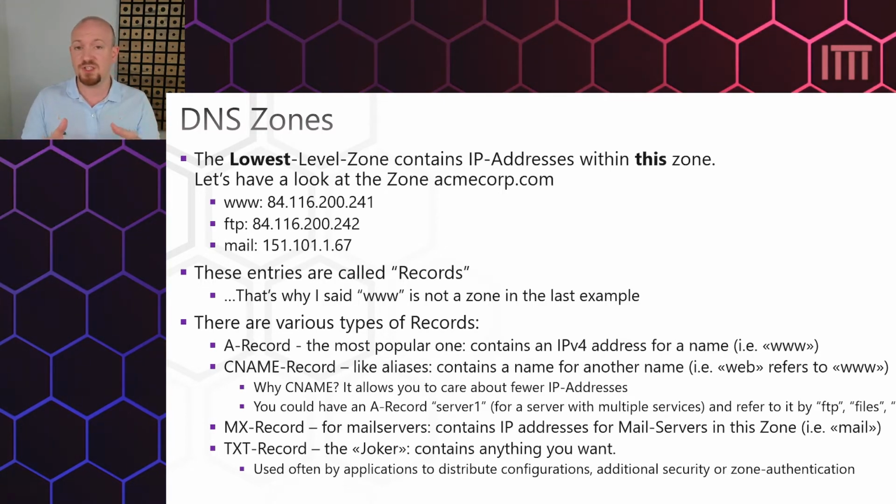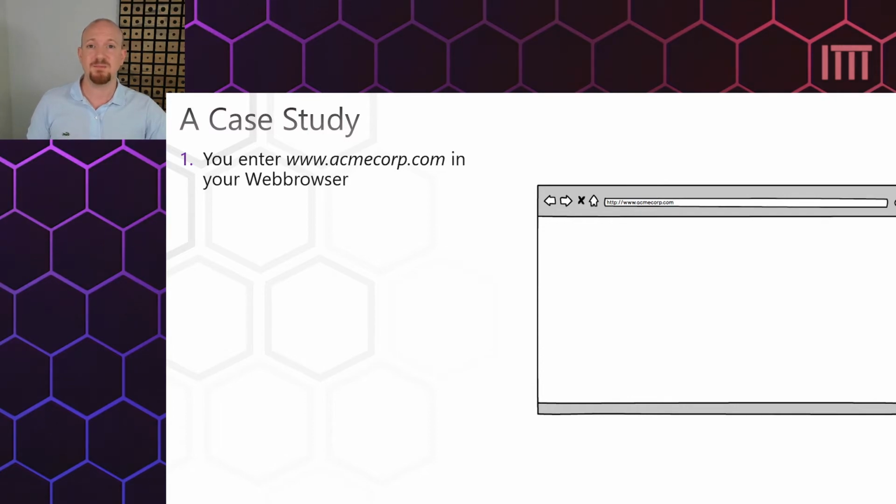For example, if you need to prove to a provider that you are the owner of the zone, or at least you have access to the zone, the provider can tell you to create a TXT record in the zone with a specific, usually really long key, and then you enter this key in a TXT record and the provider will check with a DNS forward query if this record exists, and if it does, you have proven that you own this zone. Let's do a quick case study to see this theory in practice.